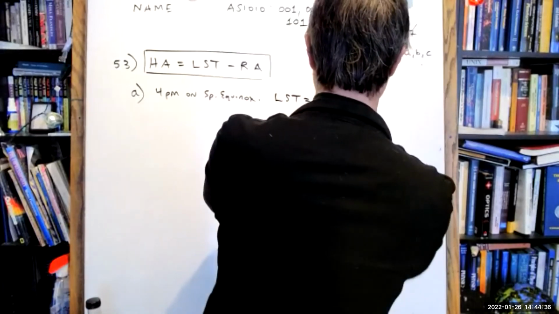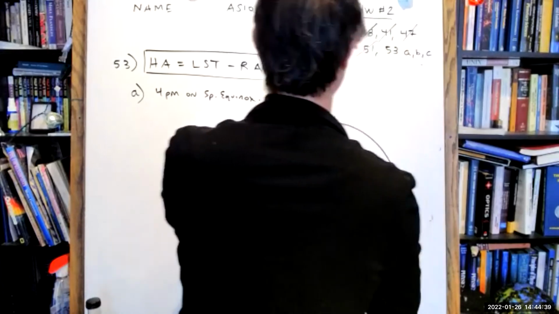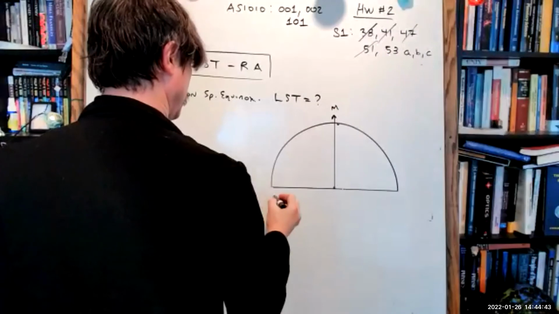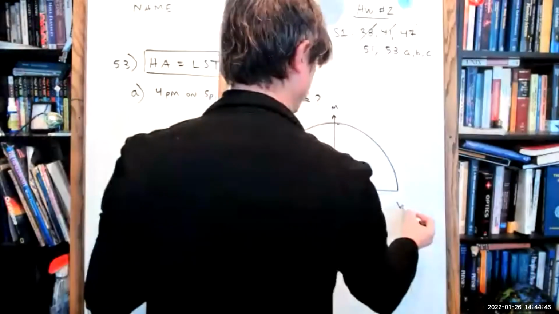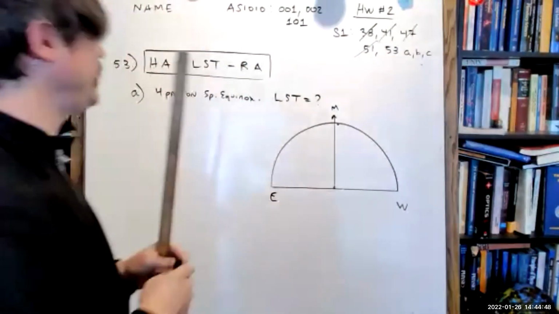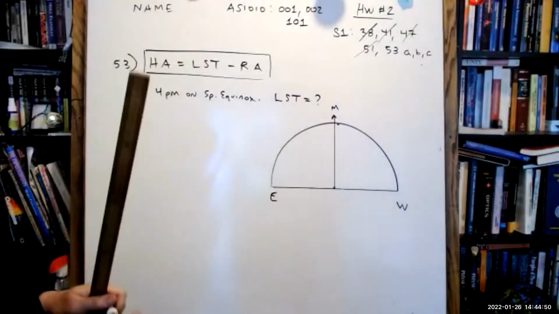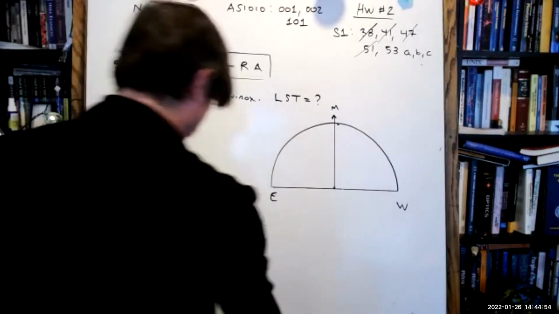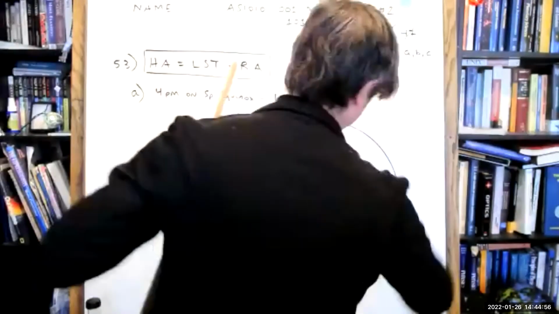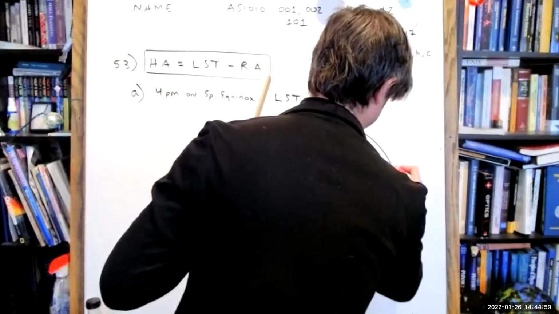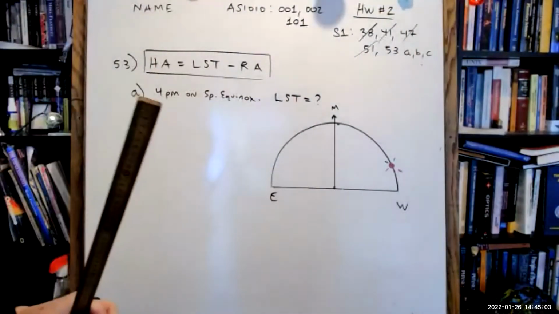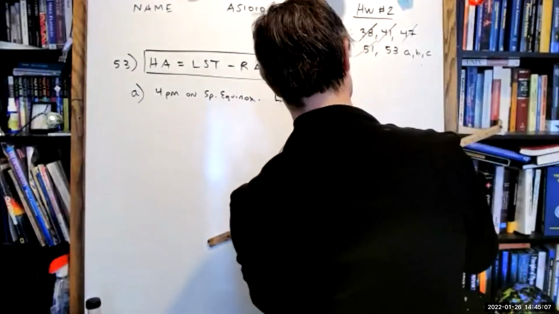We have to do east to west for local sidereal time. That's your meridian. This is east to west. I'd say if it was 4 p.m., the sun was about two-thirds of the way down, maybe about here. Do you guys know what PM stands for? Post meridian, or afternoon.